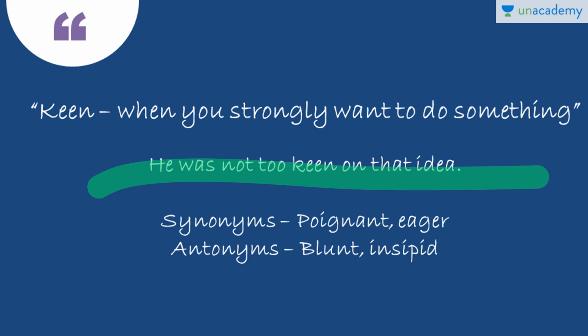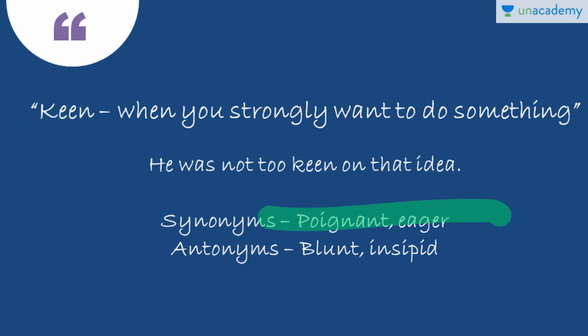Okay, if I talk about the synonyms for this word keen, then the first one is poignant. Okay, poignant, what does it mean? Poignant means evoking a keen sense of sadness or regret. Okay, when you are touched by someone. When someone says something and you are touched, like pitiful, like mournful.